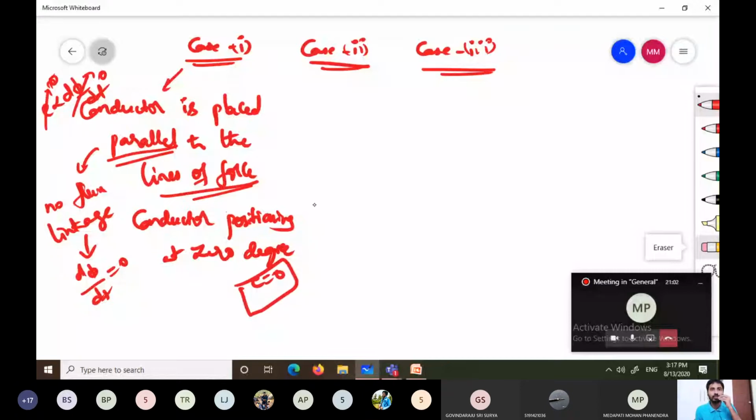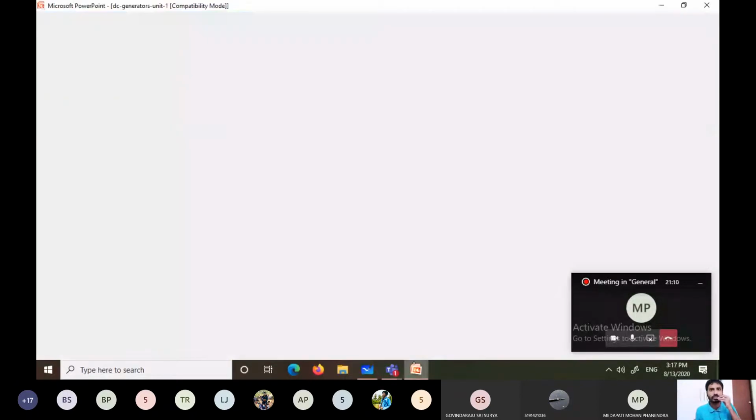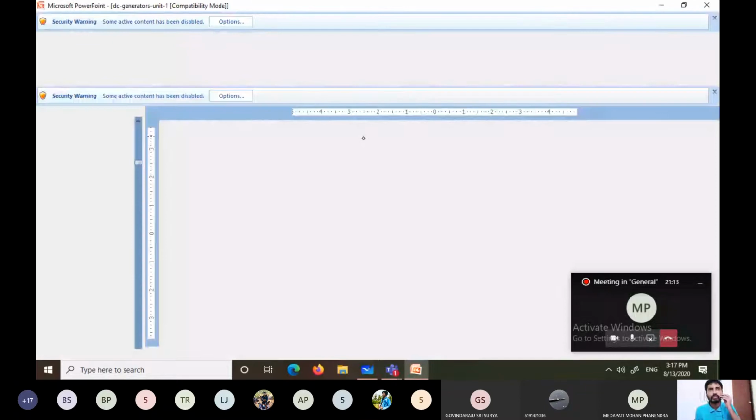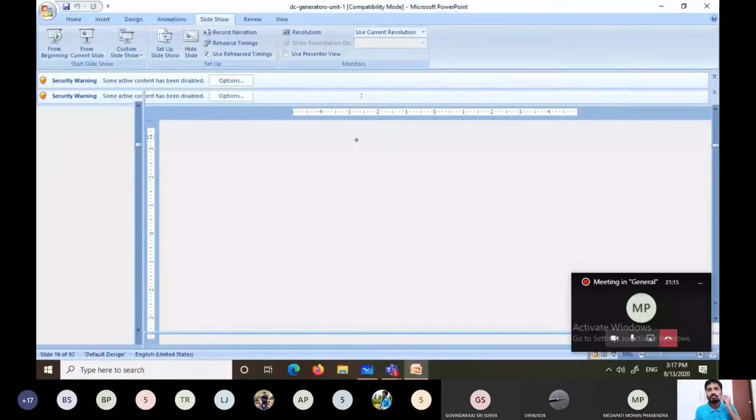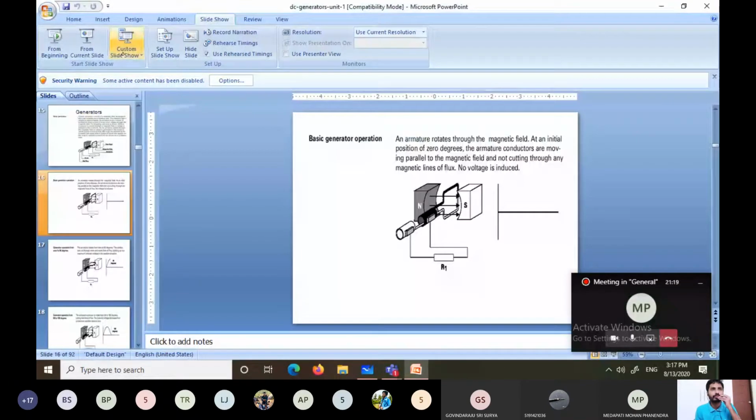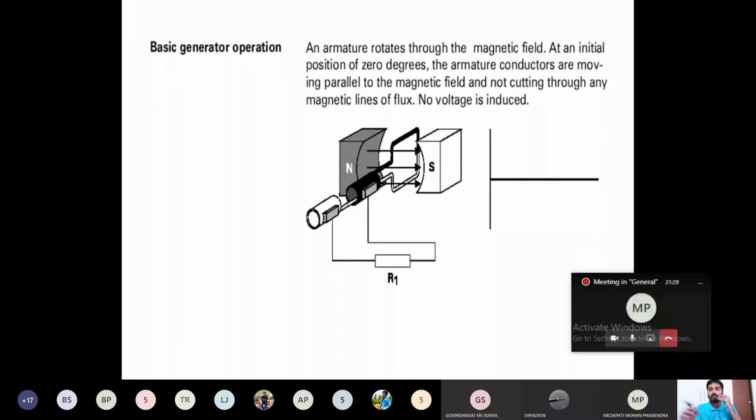Now case 2. How will the diagram look? We'll see with the presentation.